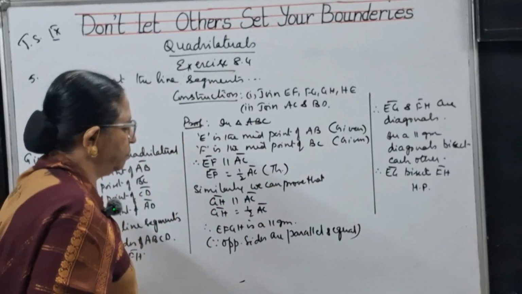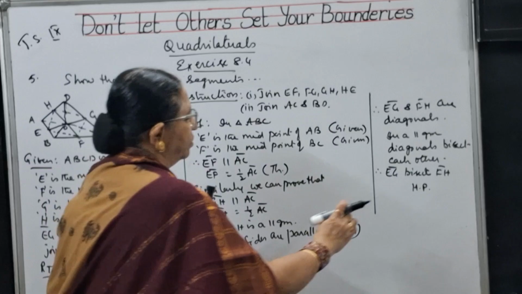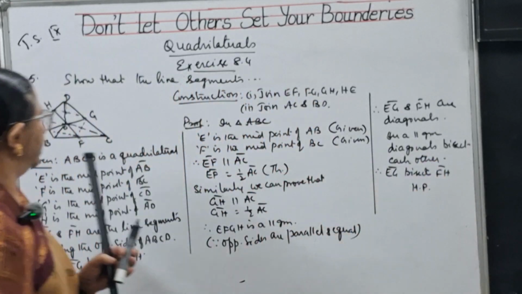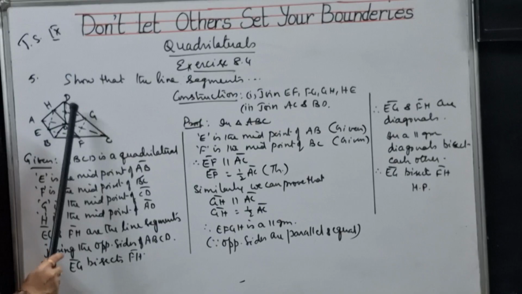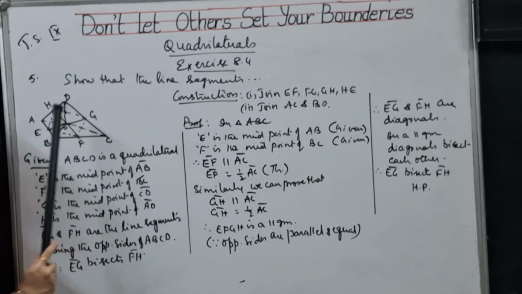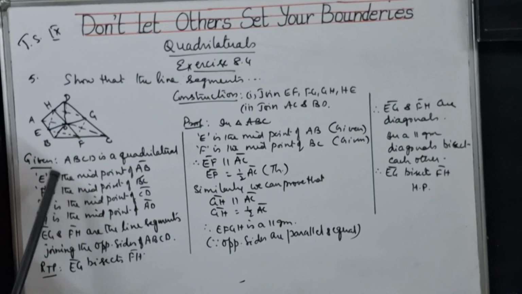Once again, let me give you this explanation. This is FH, children. Properly write down FH. ABCD is a quadrilateral and E, F, G, H are the midpoints of AB, BC, CD and AD. Now the question is that the line segments joining the midpoints of opposite sides of a quadrilateral bisect each other.